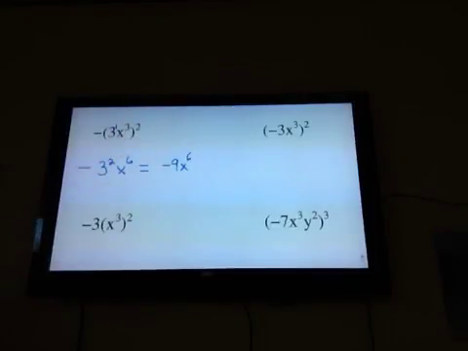So it means, long ways, I could write it out as 3x to the 3rd times 3x to the 3rd. Because it means 2 of these whole things, which is why you take the power to everything, the 3 and the x. If it was 2 of them, would it be positive?